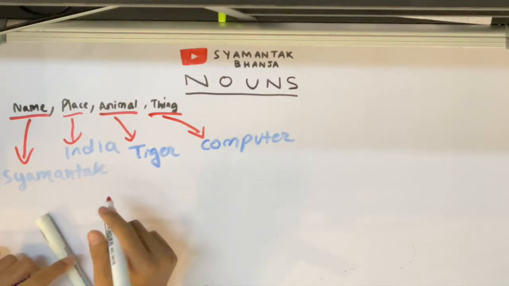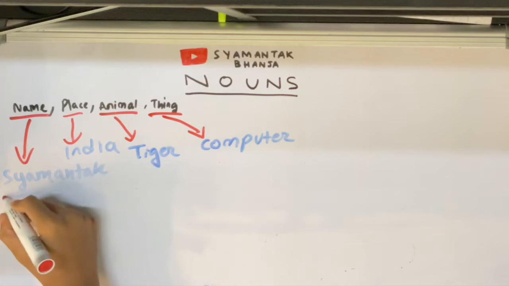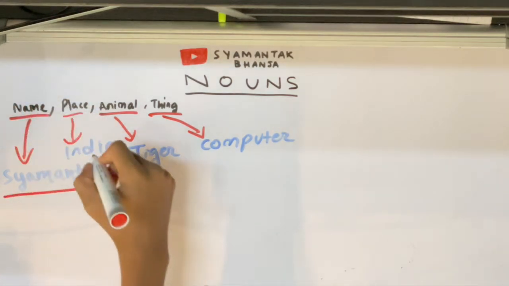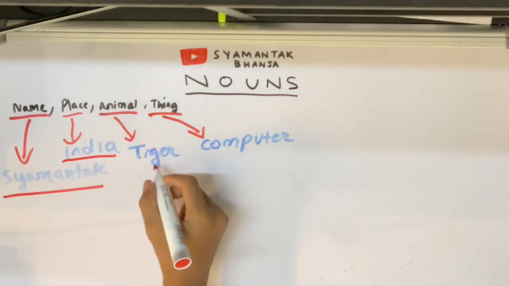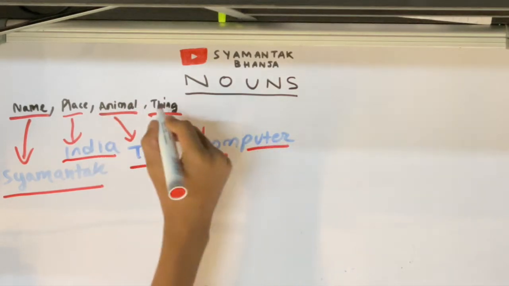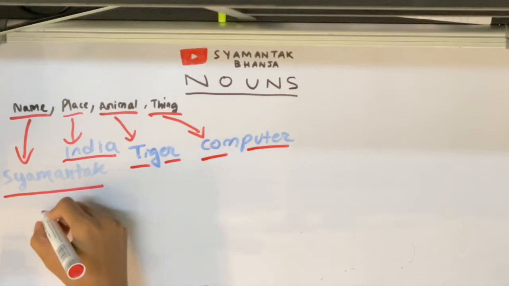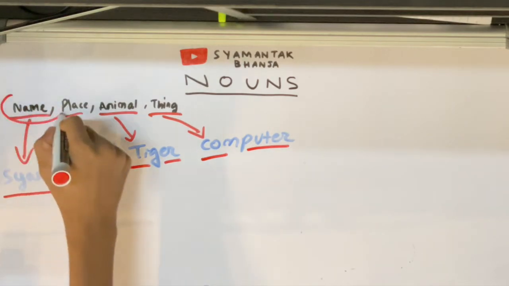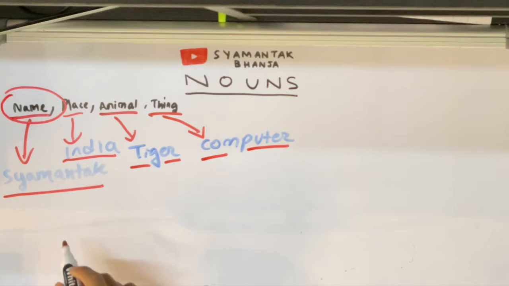So all of these, this is a name of a person, this is a name of a place, this is a name of an animal, this is a name of a thing. All of this is basically a name.